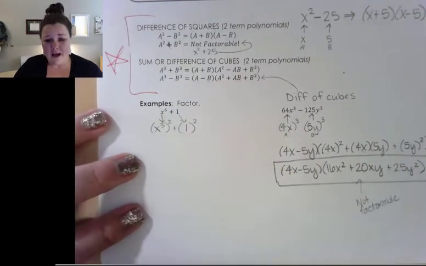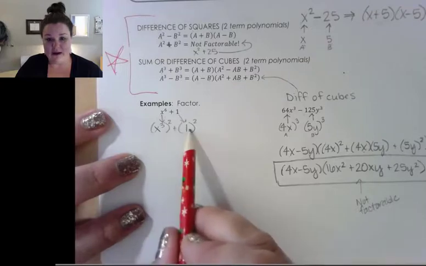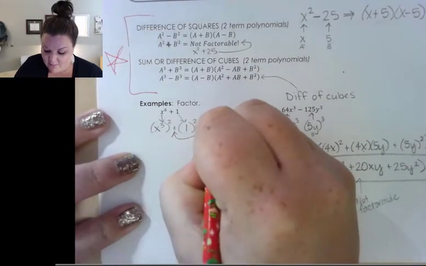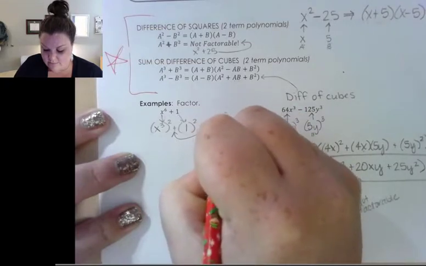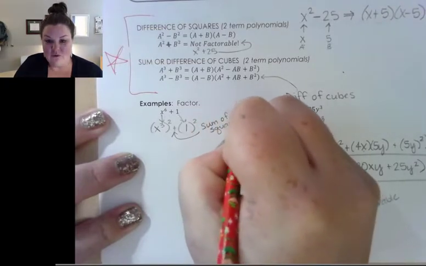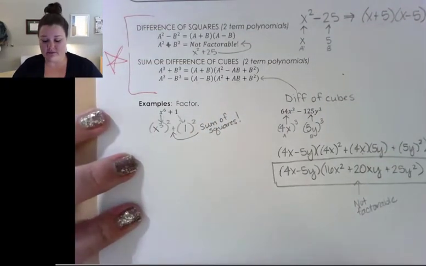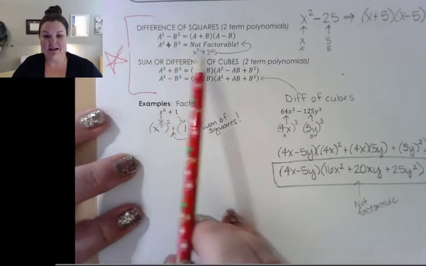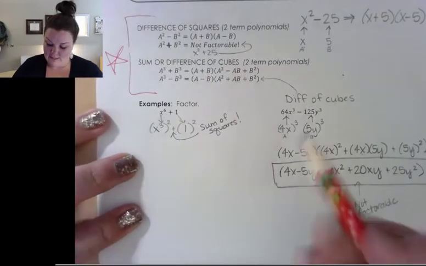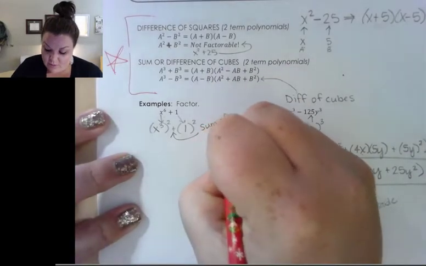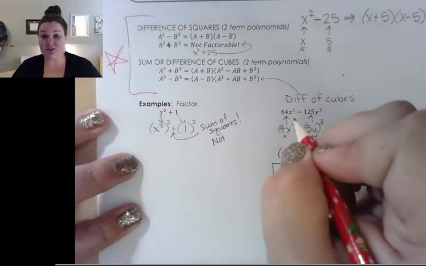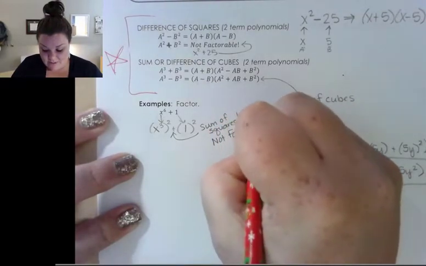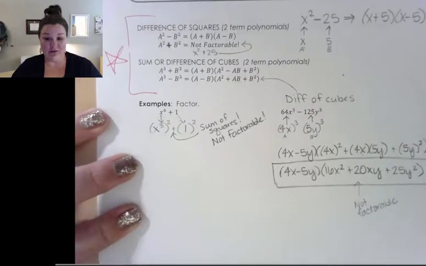But what I'm ending up with, in this case, if I write them as squares, is a sum of squares, right? And we don't really want to end up with a sum of squares because remember, a sum of squares, if we look back up here, is not factorable, okay? So even though it can be written as two perfect square terms, we don't want to use that option because it doesn't help us. It's not factorable, okay?